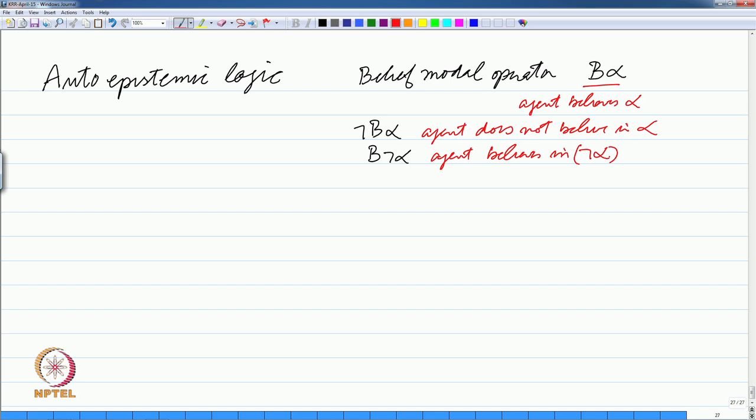So, there is a difference between not B alpha and B not alpha. Not B alpha simply says that the agent does not believe alpha, and B not alpha means that the agent believes in not alpha. And we will see that this will be tied up with consistency essentially. So, not B not alpha means that the agent does not believe in not alpha. You have to just break it down, I think.